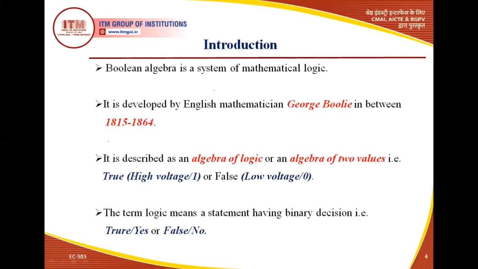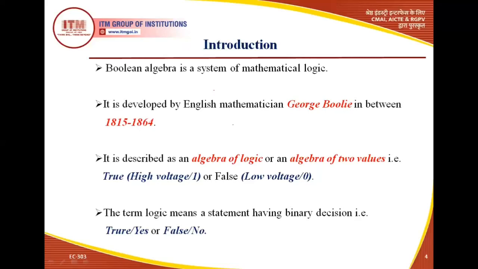So during 1815 to 1864, a great English mathematician, George Boole, developed Boolean algebra to resolve such kinds of problems. That means how we can represent these problems in mathematical form.